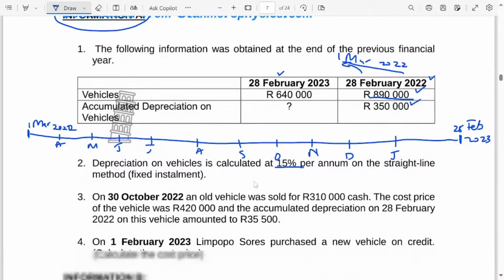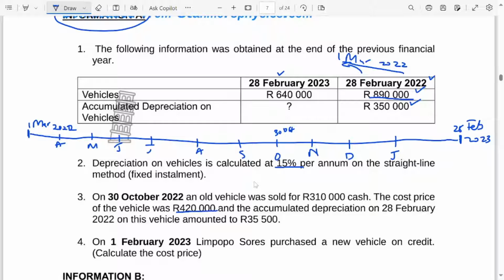Right? So here they said, on 30 October, so October is here, 30 October 2022, an old vehicle was sold for 310,000. So the cost price of the vehicle was 420,000.